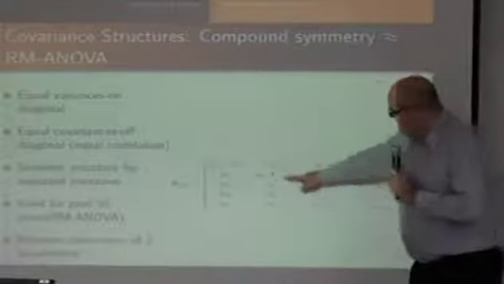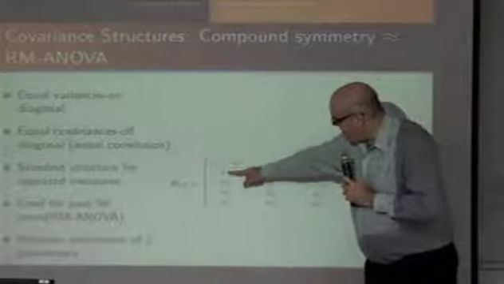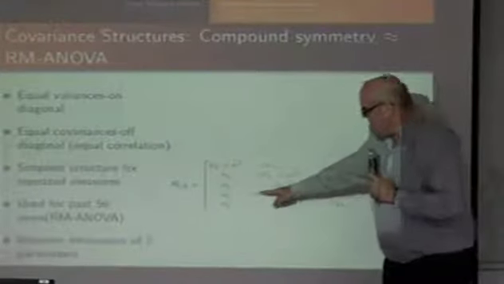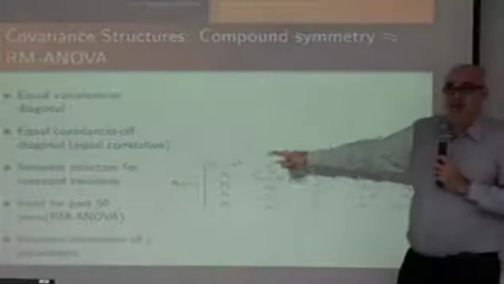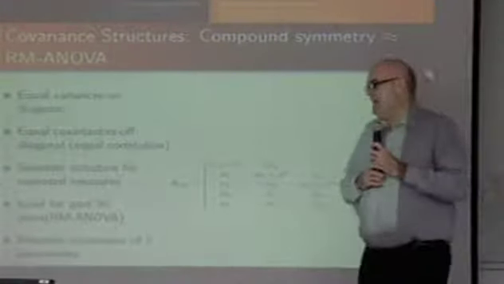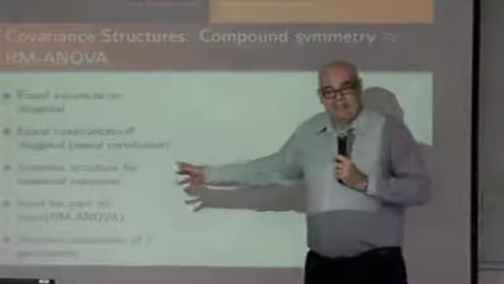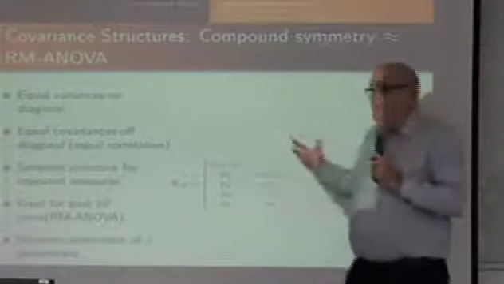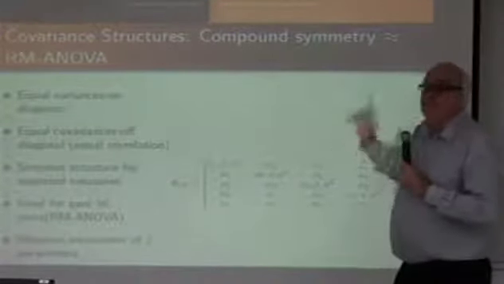Equal variances at the different times and equal covariances regardless of how many time points before. It's the simplest structure we can have for true repeated measures data. And it's been used for a long time. Not explicitly, implicitly, but it's been used for at least 50 years, probably longer than that actually, but it only requires 2 parameters.